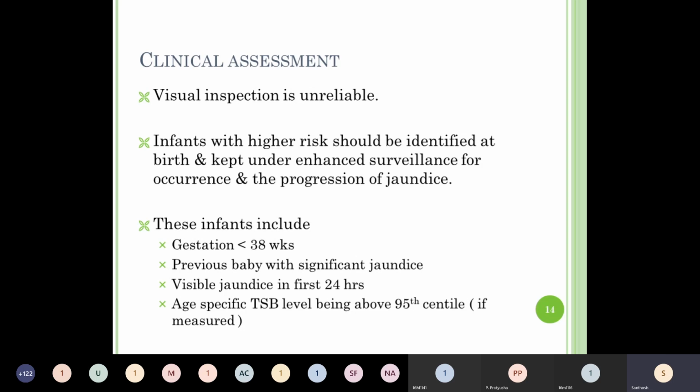Then other thing is any immune or hemolytic disease, that is if the mother is Rh negative, or if there is any ABO incompatibility, or when you are checking the age specific bilirubin levels, if the total serum bilirubin level is above the 95th percentile.